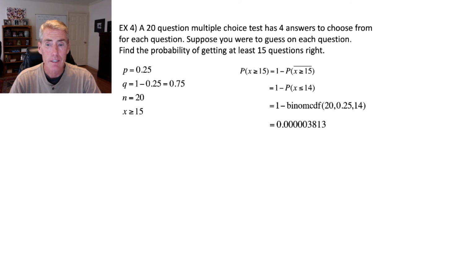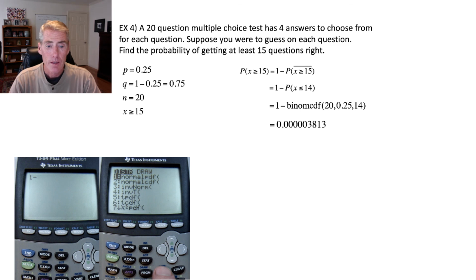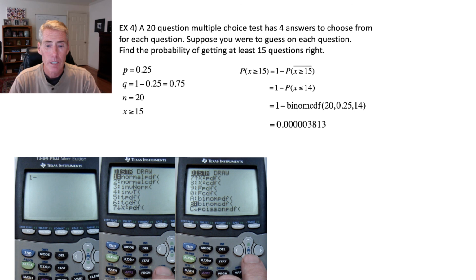Now, let's take a look at the calculator. So start by putting the 1 minus, then go again to second distribution. Scroll down and make sure that you get the one that says CDF. So this is the one for less than or equal when it says C. If you put the one that says P, that would be just for equals 14, not less than or equal.